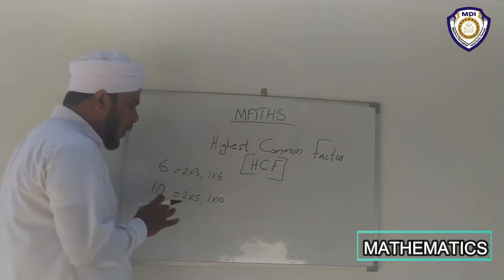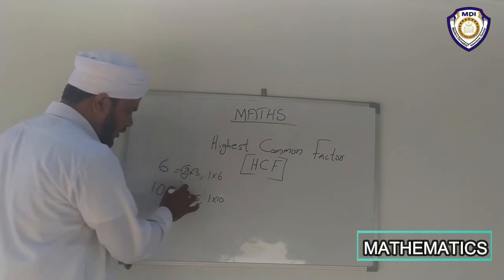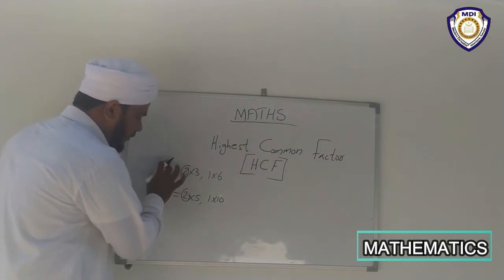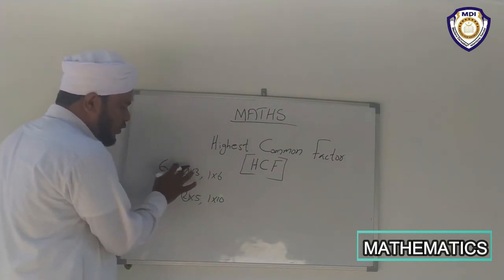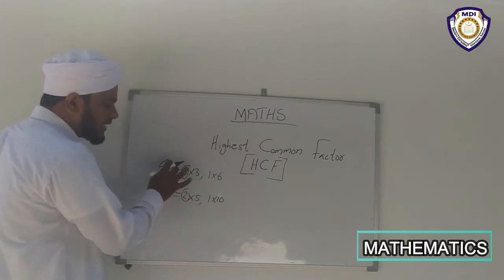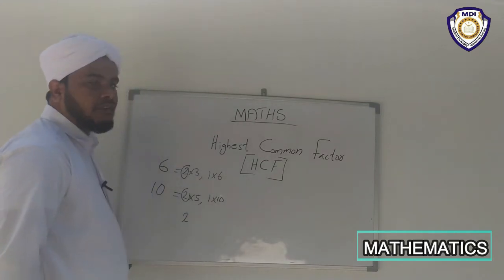Then which is the common factor here? Yes, here a 2, here a 2. In the factors of 6 there is 2, and in the factors of 10 there is 2. Then 2 is the common factor.